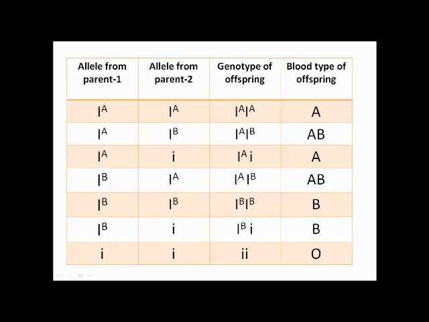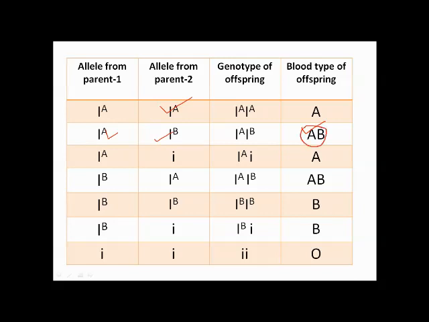If we perform a cross between parents, or if you want to know the different combinations that are responsible for a particular blood group, we can see that if one parent is IA and the other parent is also IA, then the blood group is A. If it is IA and IB, then both are dominant and hence the blood group is AB.